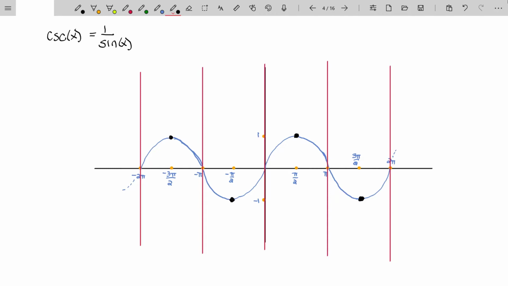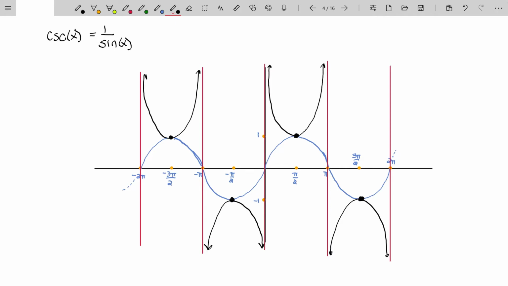Again, as our sine tends to an output of 0 but still positive, our cosecant will tend to an output of positive infinity. And same thing over here, negative infinity and negative infinity. And it goes on forever like that. The pattern continues ad infinitum.